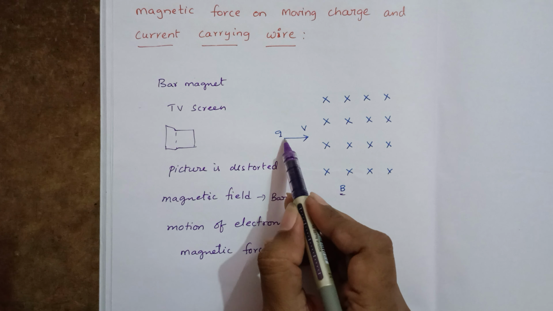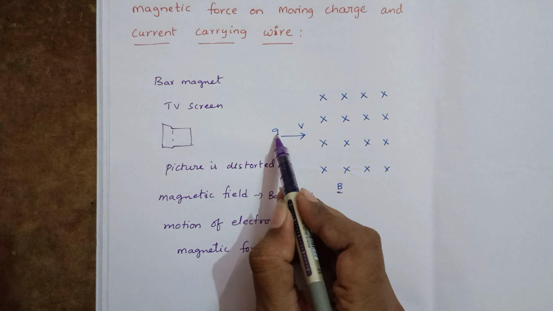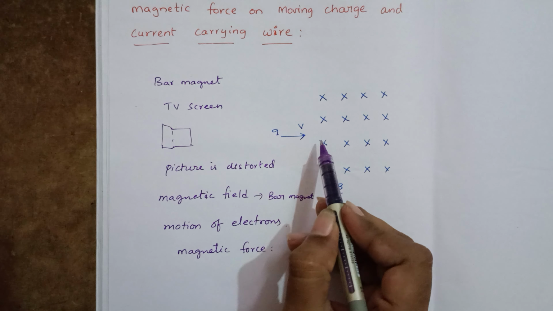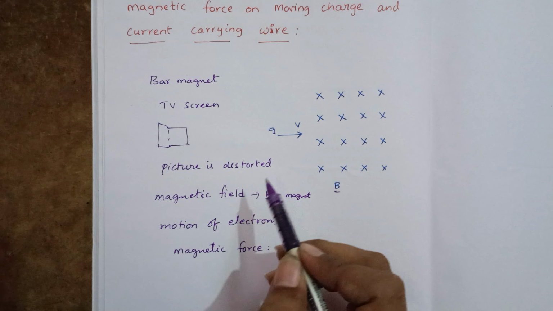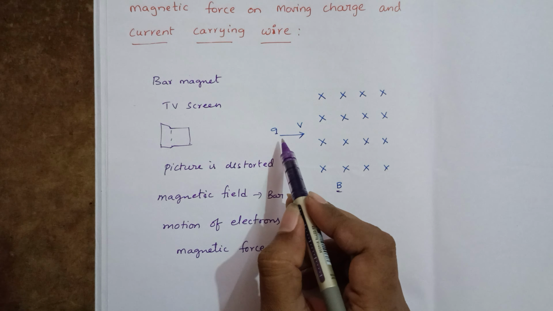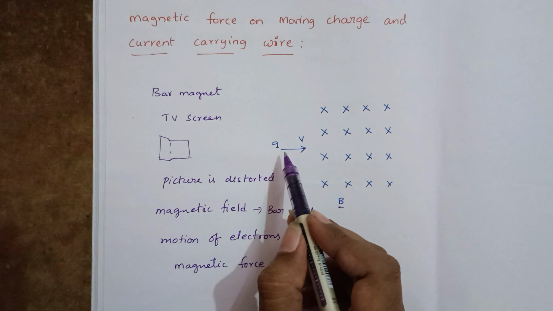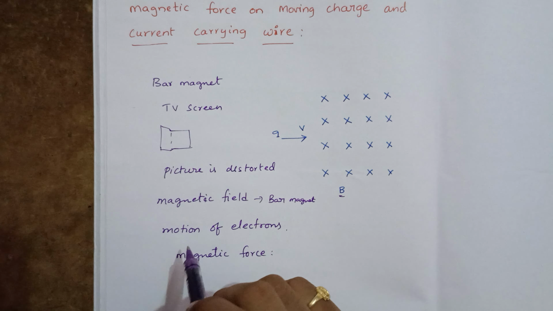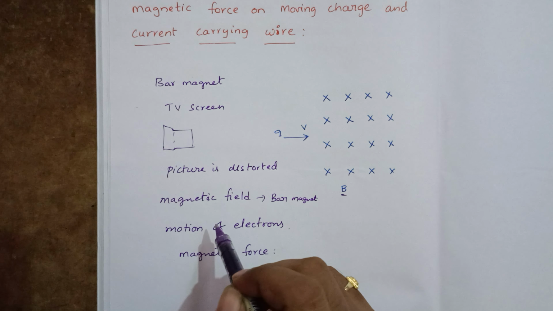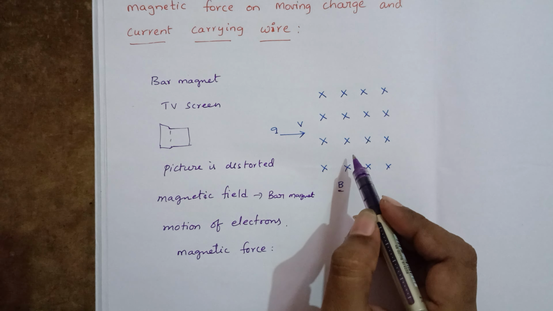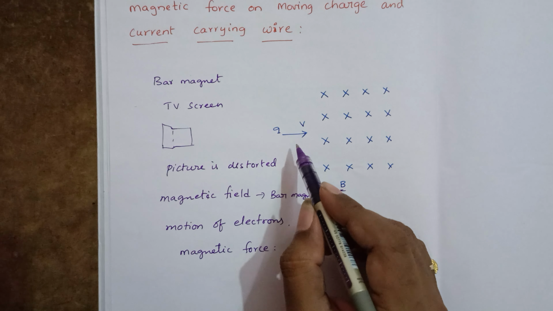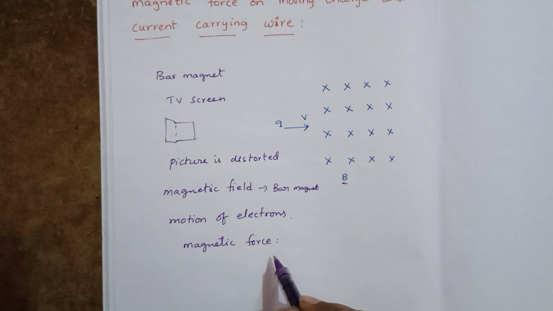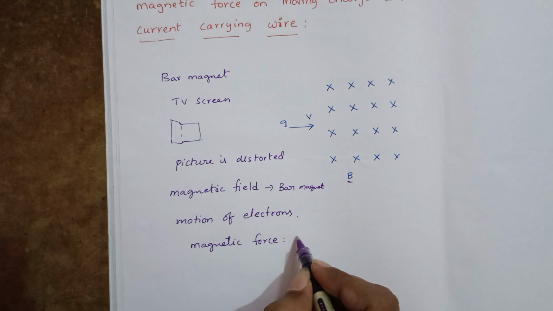Now a charge Q is moving perpendicular to the magnetic field with a velocity v. This magnetic field exerts a force on the charge, that is the magnetic force F.